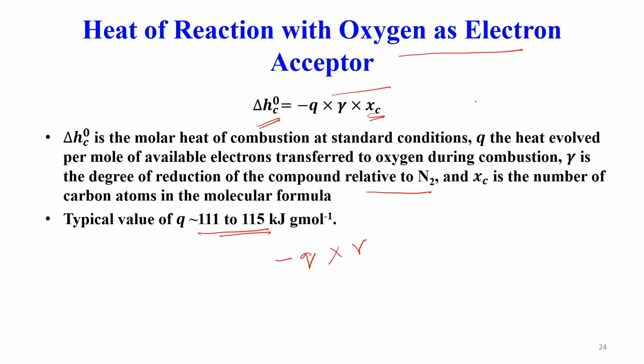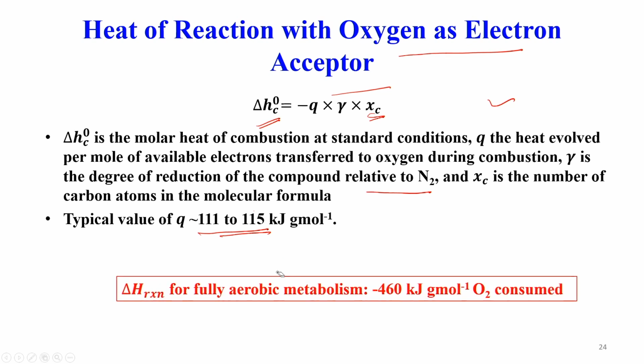So, one option is, if you are having oxygen as electron acceptor, what we know is for each molecule of oxygen consumed, typically 4 electrons are transferred. So, it will be 115 into 4, that will be 460.